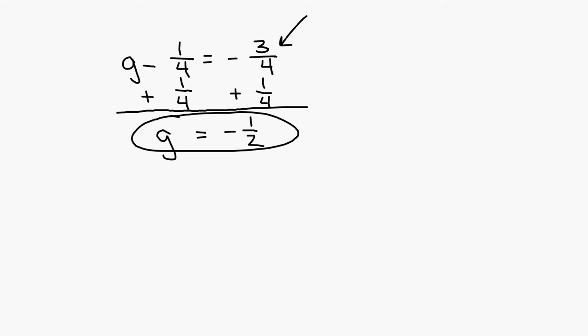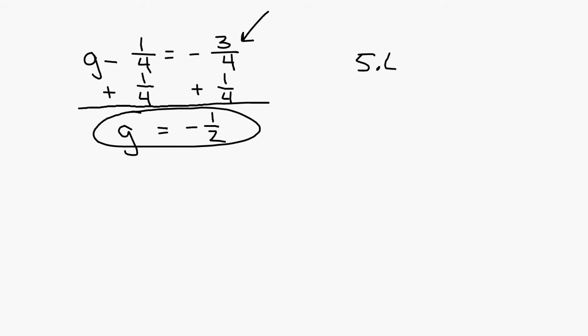All right, they're going to try to fool you now. Don't let them. 5.6 plus z is equal to negative 8. What is the given operation? They're adding to the variable, right? So what's the inverse?